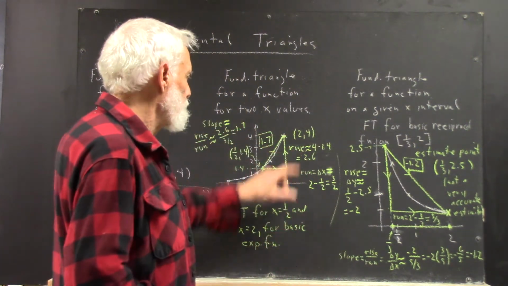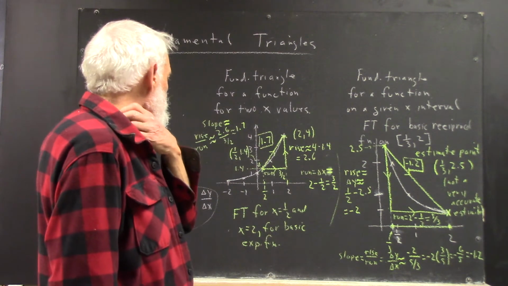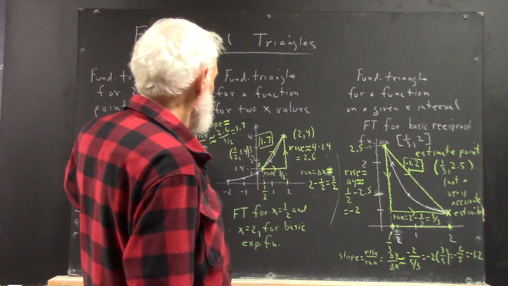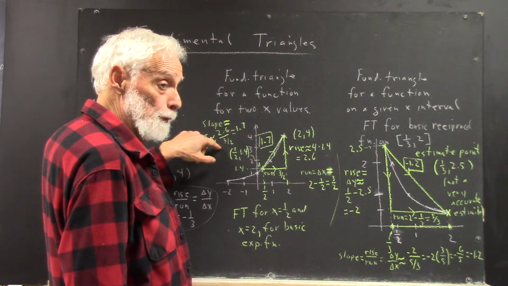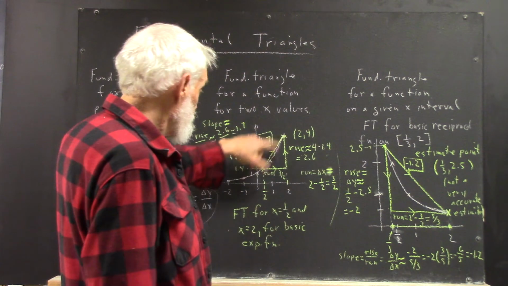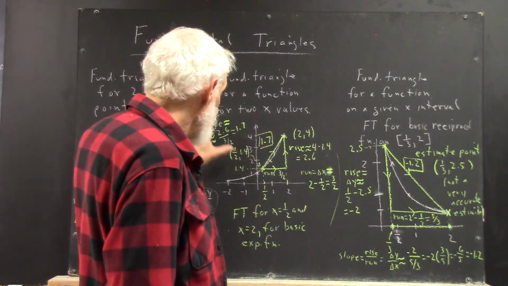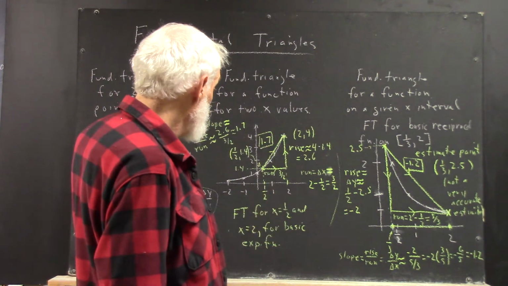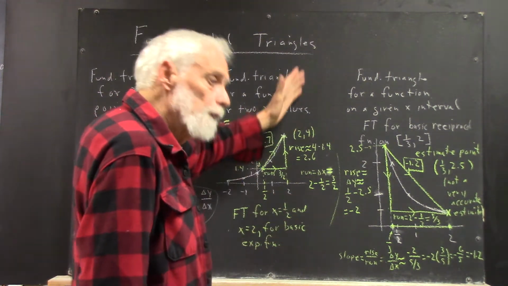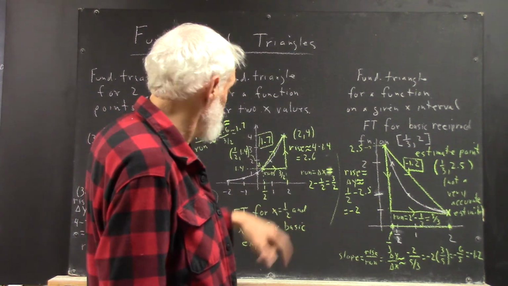So the rise is approximately 4 minus 1.4, 2.6. Then the slope is rise divided by run, 2.6 divided by 3/2. That's 1.7, labeled next to the hypotenuse. And there's the completely labeled and documented calculation of the slope of the fundamental triangle for the basic exponential function for x equals 1/2 and x equals 2.